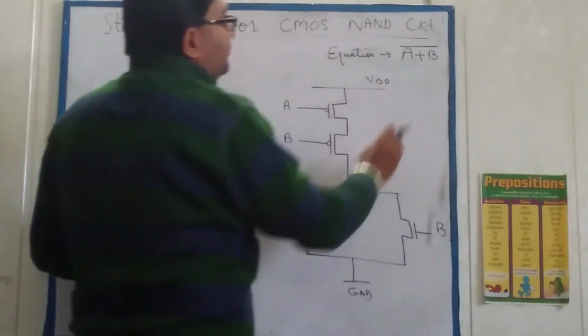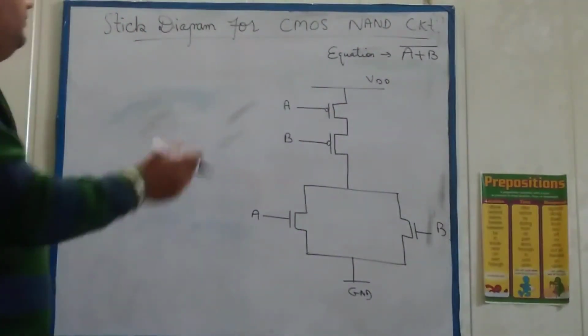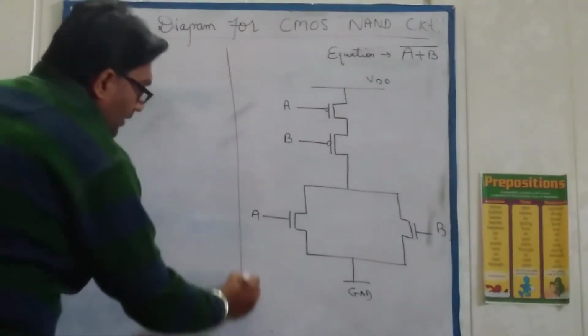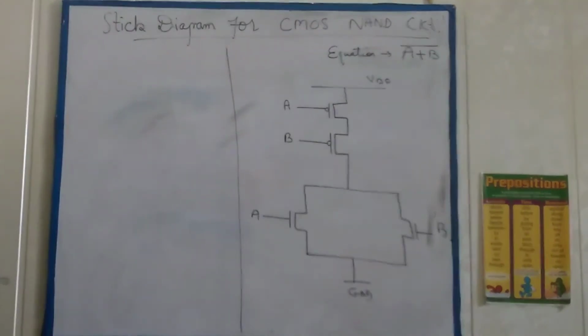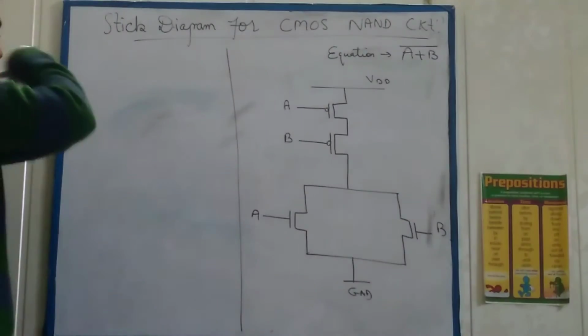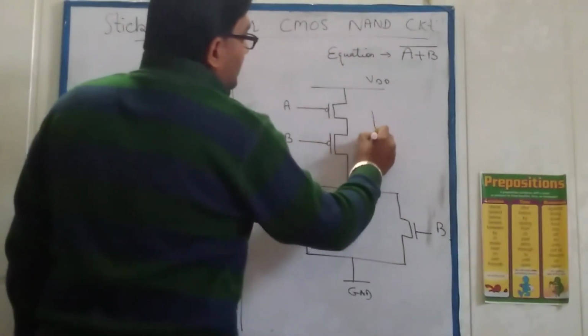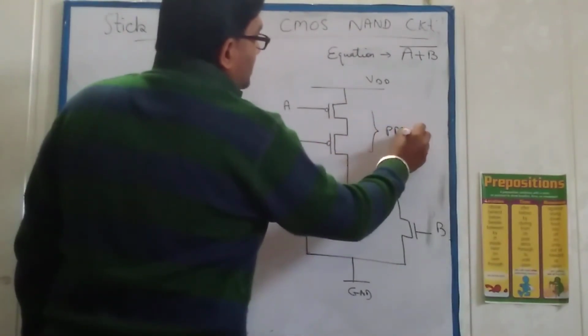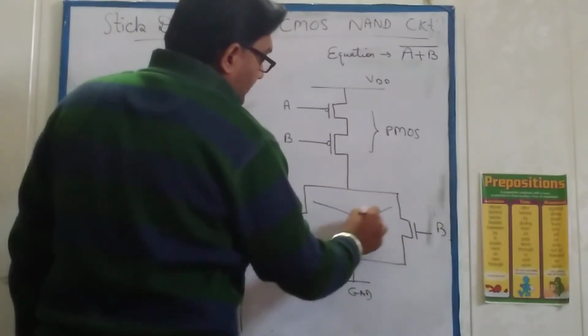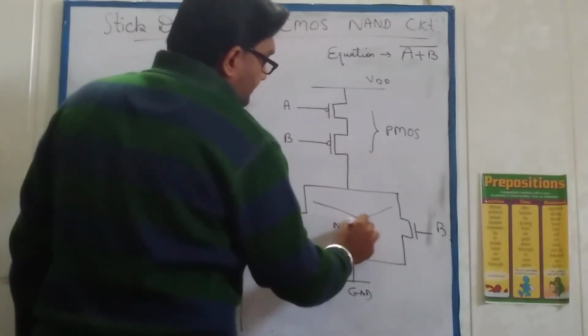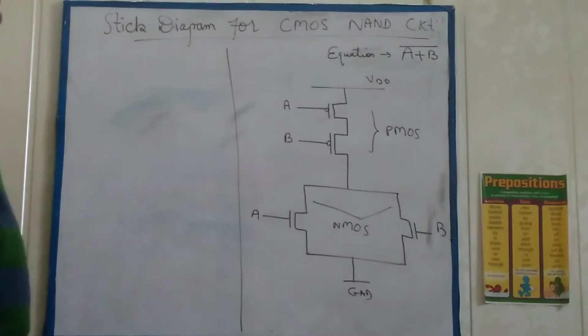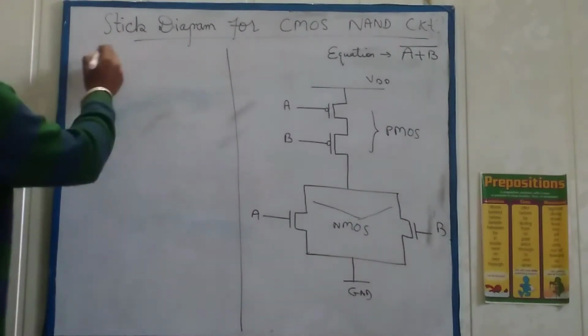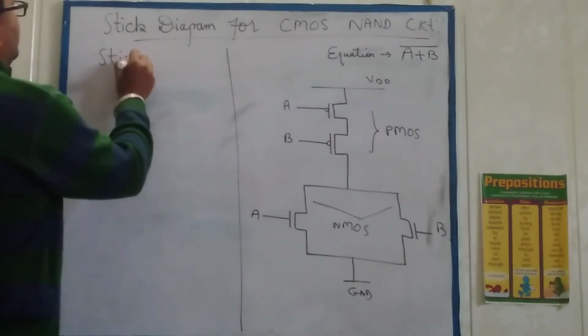This is a simple way to draw the circuit. So here we have taken the CMOS NAND. Now these two are the PMOS and these two are the NMOS. Now you draw the stick diagram.